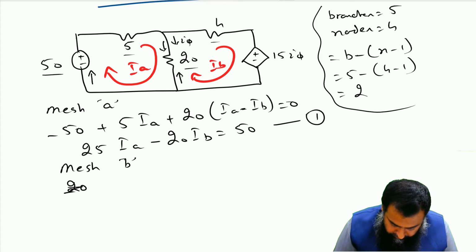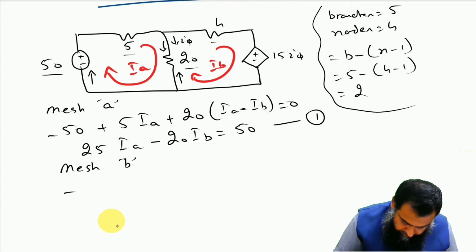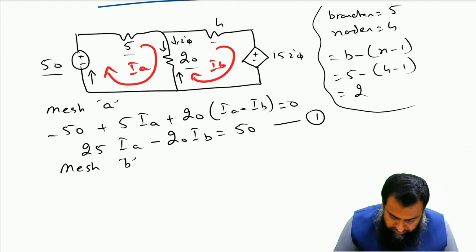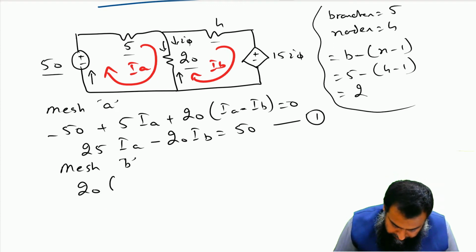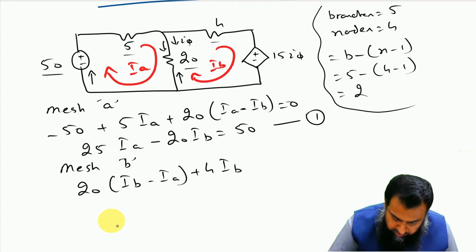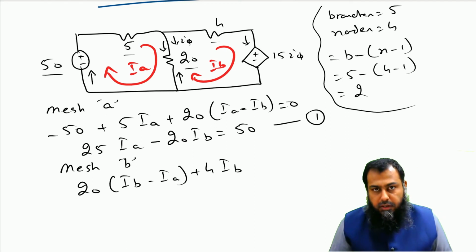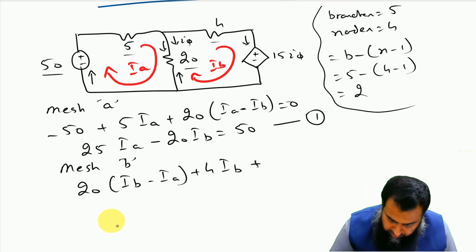Writing it for mesh B, we have 20 times (IB minus IA) plus 4 times IB. Now because the current is entering the positive terminal of this current controlled voltage source, we have plus 15 times I5, and that is equal to 0.